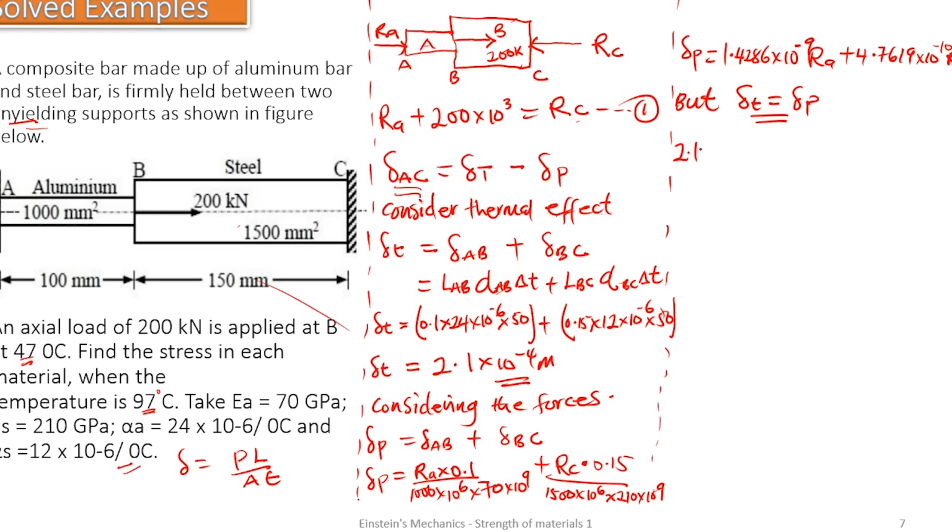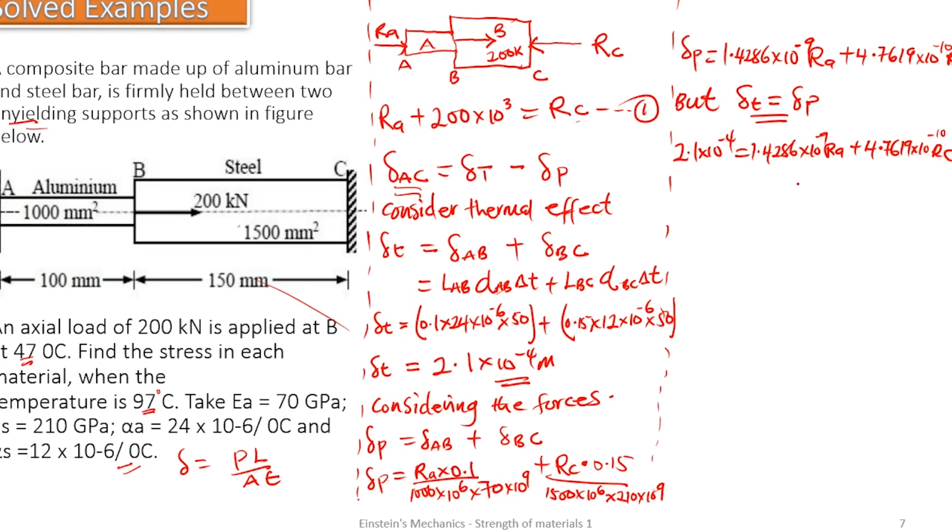So 2.1 times 10 to the power -4 is equal to 1.4286 times 10 to the power -9 RA plus 4.7619 times 10 to the power -10 RC.